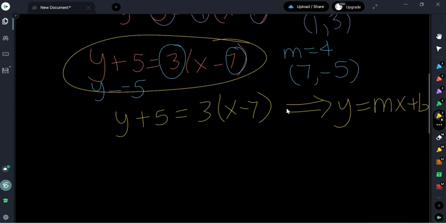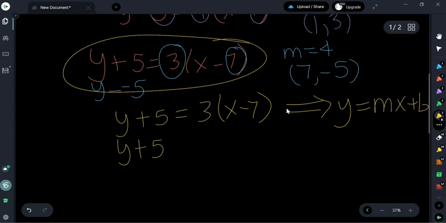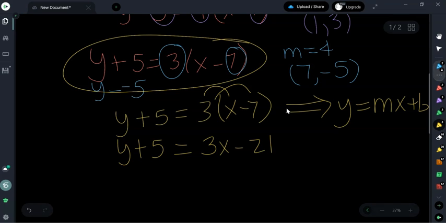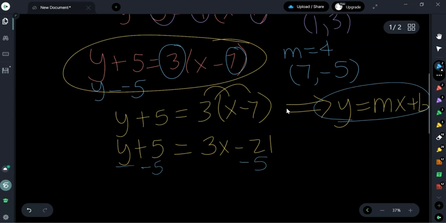Sometimes it'll be better to leave it in point slope, and sometimes it'll be better to convert it. So what we have is y plus 5 equals, now let's use the distributive property. 3 times x is 3x. 3 times negative 7 is negative 21. Now to get to this point, I have to isolate the y. I want to get this all alone. So I'm going to take this 5 and move it over to the other side. So y equals 3x minus 26.